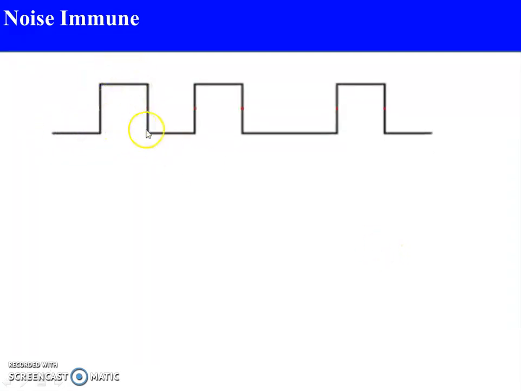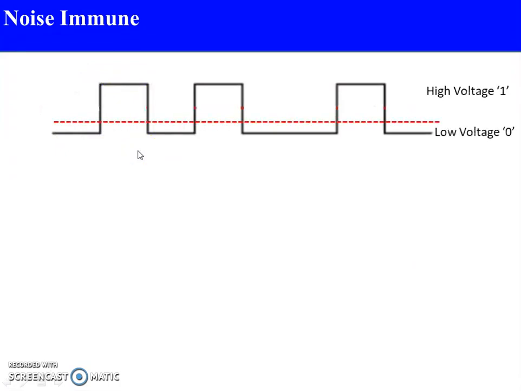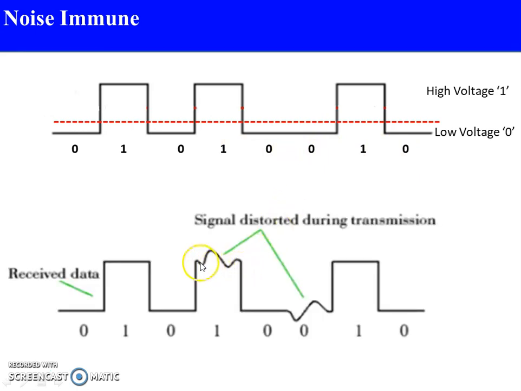Your digital data can be represented as a high voltage level and a low voltage level, which are 1 and 0, like this: 0, 1, 0, 1, 0, 0, 1 and 0. So if there is some noise at any time interval, the digital data can still be correctly reproduced. So your digital signal is noise immune.